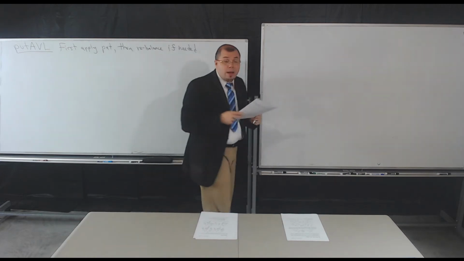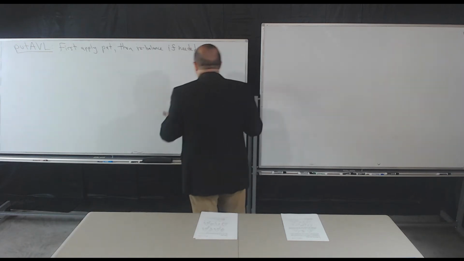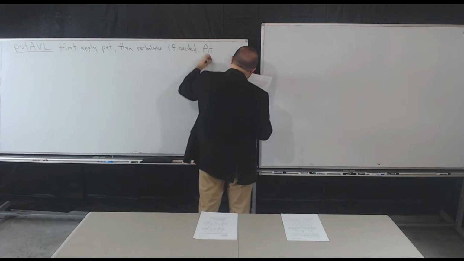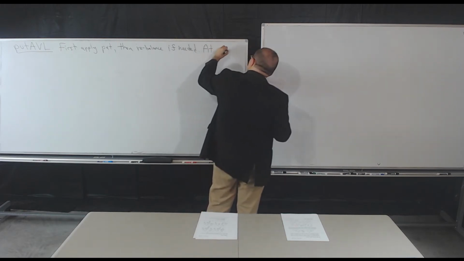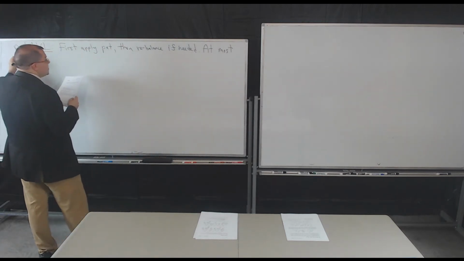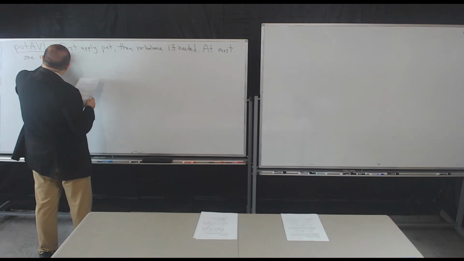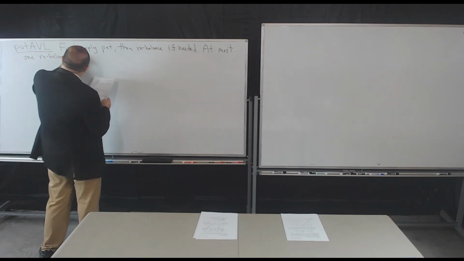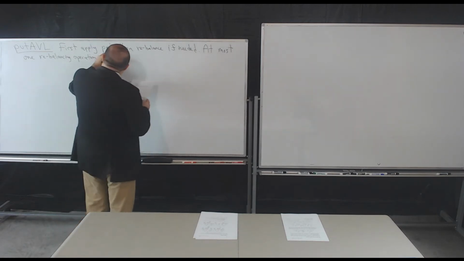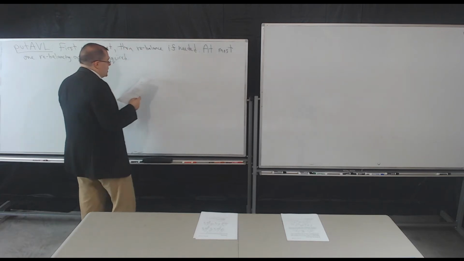Now, the cool part about insertions, and I'm not going to prove this for you, but it'll become apparent the more you play around with AVL trees, is that at most one rebalancing operation is required. You'll see when I get to the example, I'll explain this a little bit better.